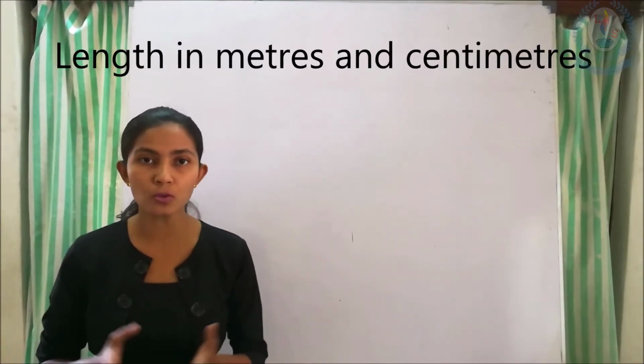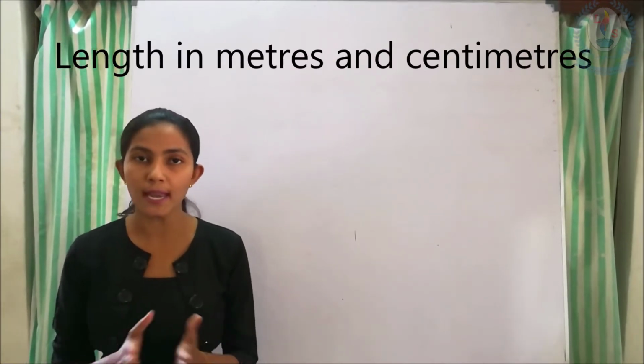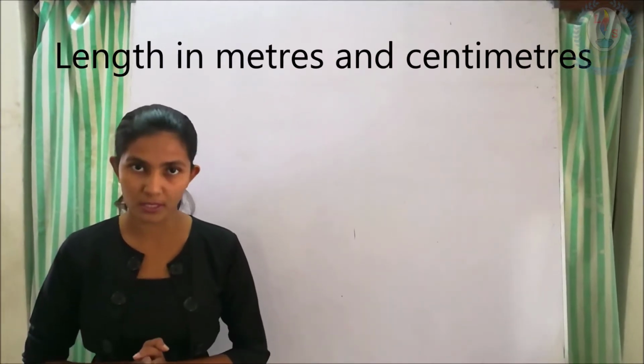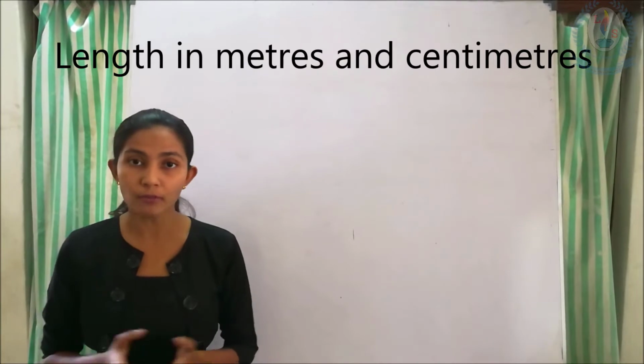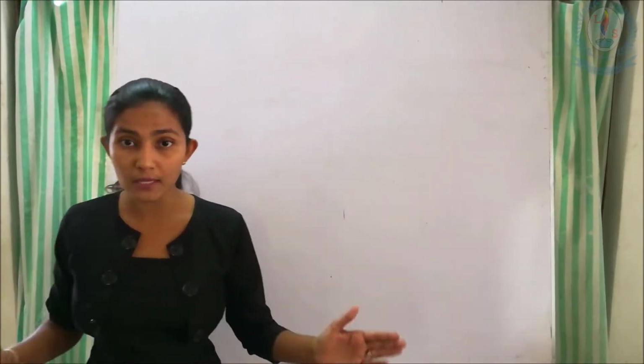Now, as the beginning of our lesson, we are going to learn how to measure the length of an object. In our day-to-day life, we measure the length of various objects such as electric wires, cupboards, ropes, clothes, etc. So, length means how long an object is.